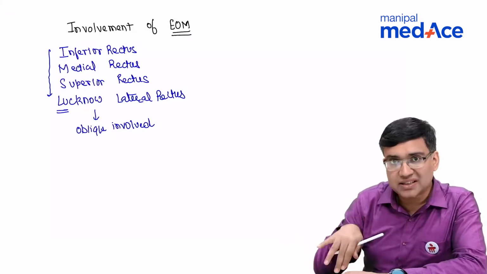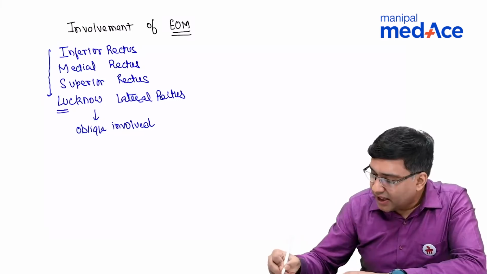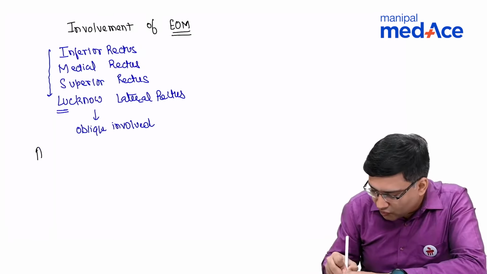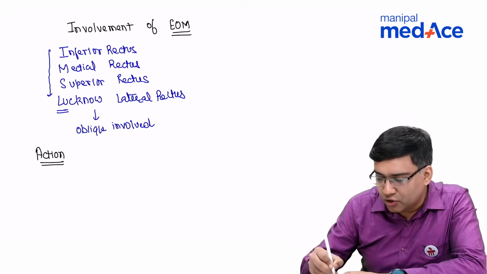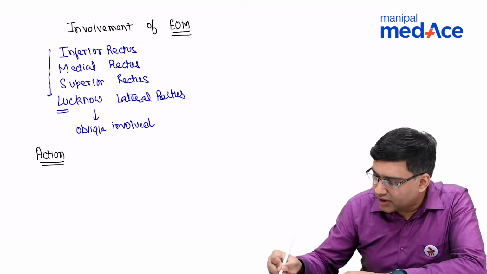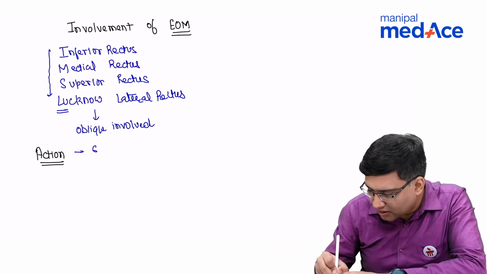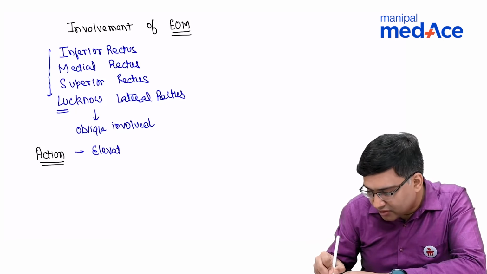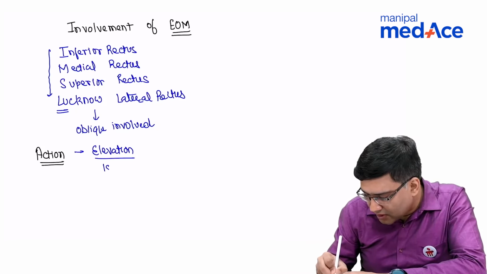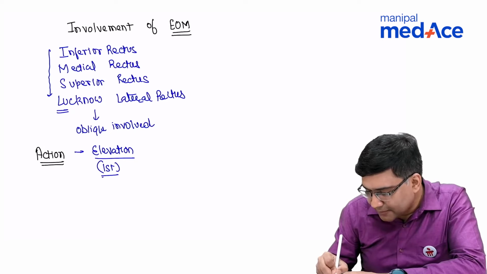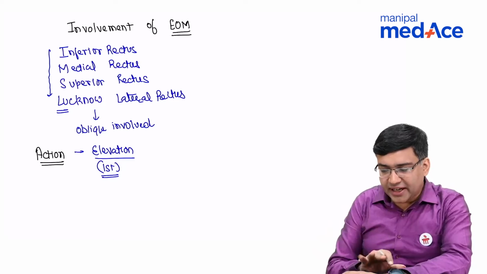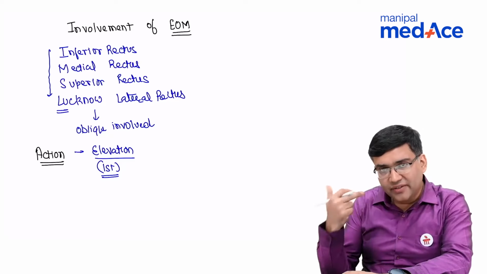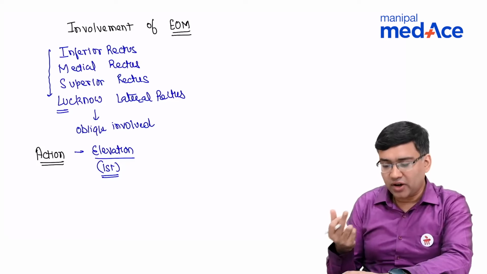Now sometimes they ask which action is basically involved first. Here is the muscle involvement, then it is the action involvement. So remember, the first action to be involved or decreased is your elevation. This is the first thing that basically is hampered. You would ask, sir, when the inferior rectus is first involved, why is elevation the first involved action?